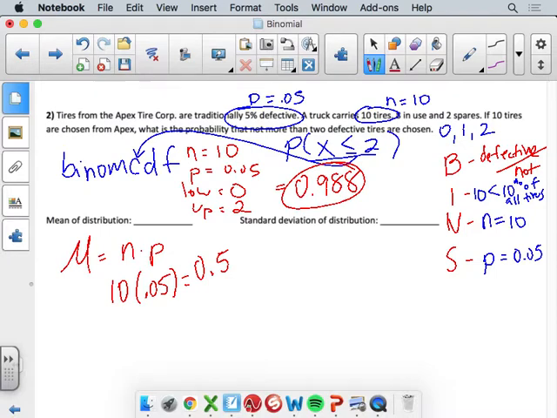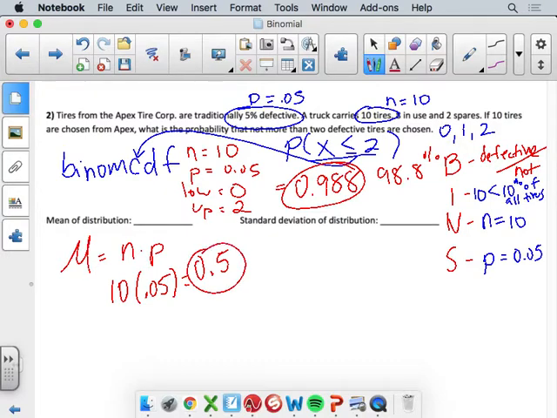I do 3, because that's the same thing as 98.8%, and it gives me a little extra, because 98 or 99 would be too big of a rounding. So that makes sense. A ton of our defective tires are going to be in the low range. There's not going to be a lot of 3 or 4 or 5 defective tires in a bunch of 10. Always check to see if your probability makes sense.